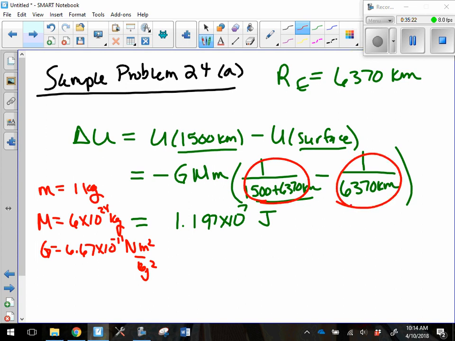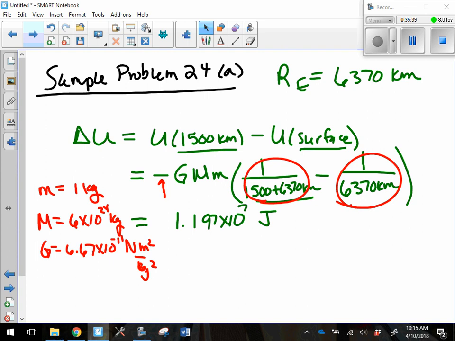So your parentheses should have an overall negative sign, but there's a negative sign out front. So it should all end up being positive. If that's your only problem, I wouldn't really worry about it. Okay. So that gives us what the change in potential energy is.